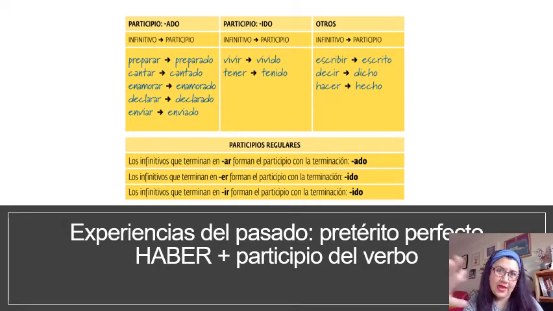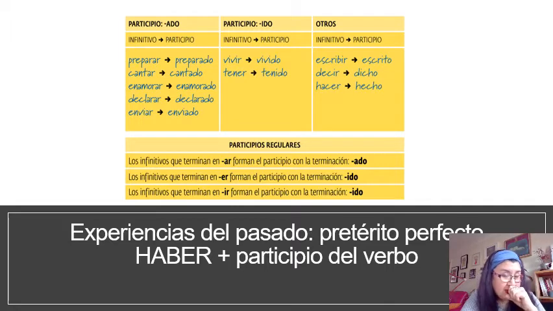Declarar, to declare, or to confess. And enviar is to send. So all these verbs ending in ar will take the participio with the stem of the verb and the ending ado. Preparado, cantado, enamorado, declarado, and enviado.